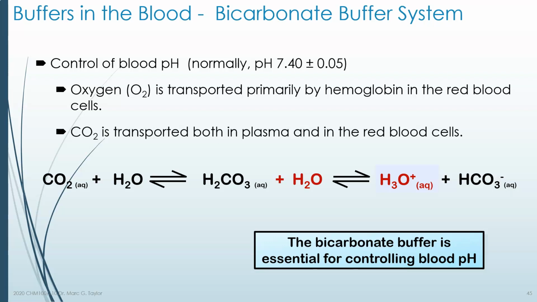And your body has ways of dealing with this. If you have too much CO2 in your blood, your brain will turn on mechanisms that will cause you to hyperventilate. You'll breathe harder and harder to release CO2 out of your lungs, which will help draw the CO2 out of the blood. And so you will be exhaling the CO2 as a way to get rid of the CO2 that is in excess in your blood, making your blood too acidic.